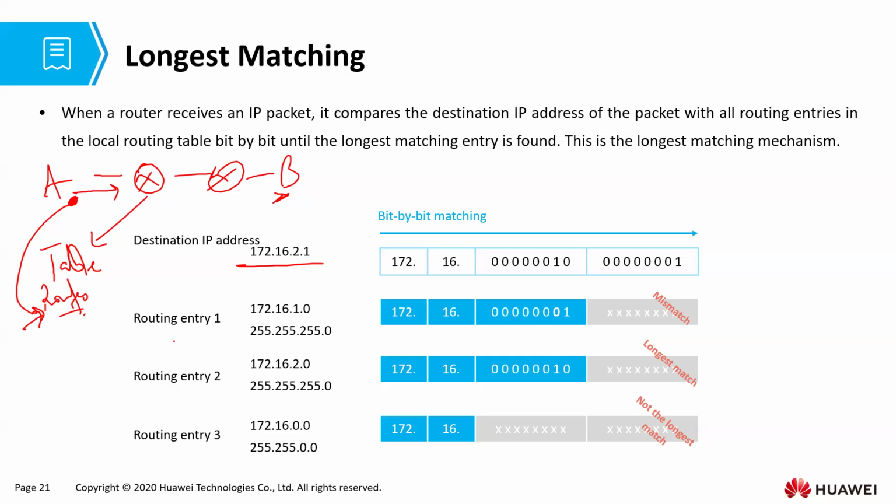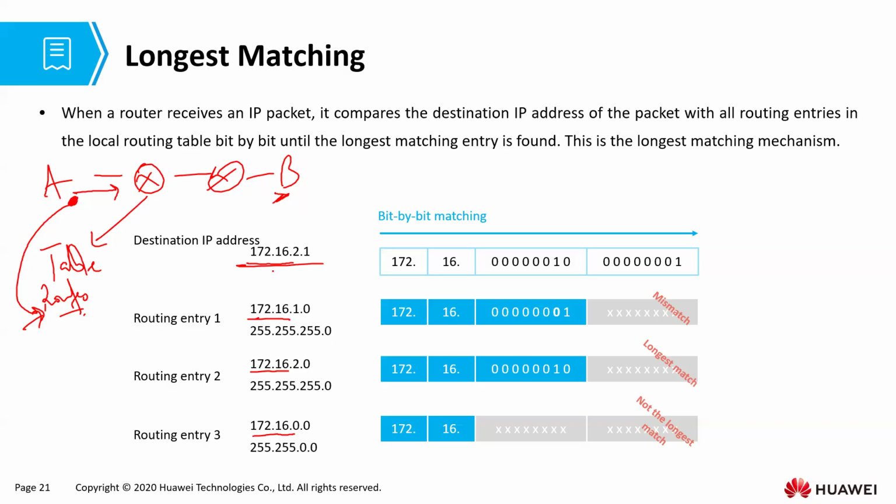Then you can see we have routing entries 172.16, 172.16, 172.16, 172.16. All of them match where our packet is going. But which route does our router forward to? Our router uses what is called longest matching.